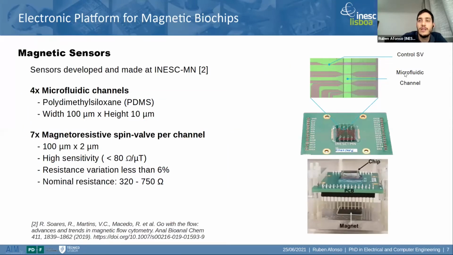This work uses sensors designed by Rita Soares from INESC MEN that we can see in this picture that have several microfluidic channels, and each microfluidic channel has at least 7 high sensitivity magnetic sensors with a nominal resistance around 500 ohms. The distance between each sensor varies in order to have different detection times, and we can have different patterns on the output signal.